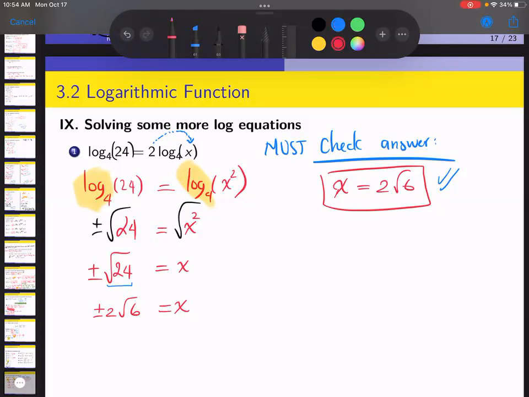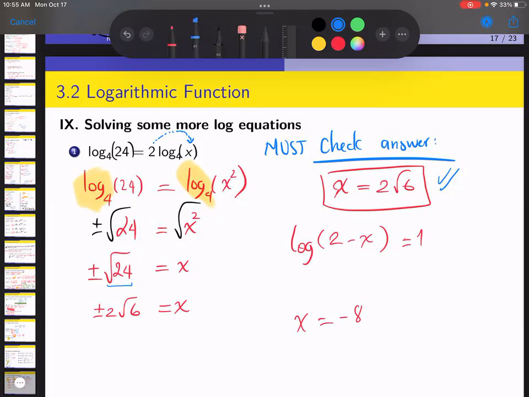Say I have log of 2 minus X. If I solve and then X equals negative 8, it works.